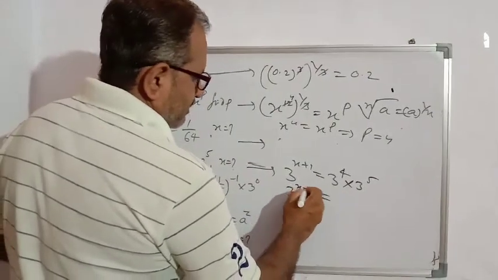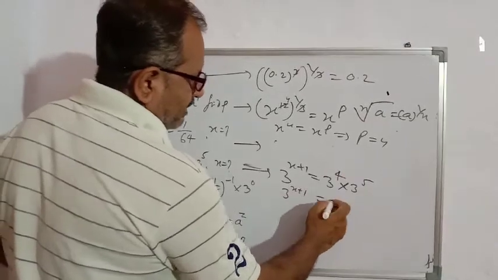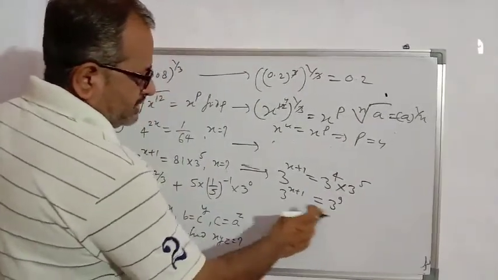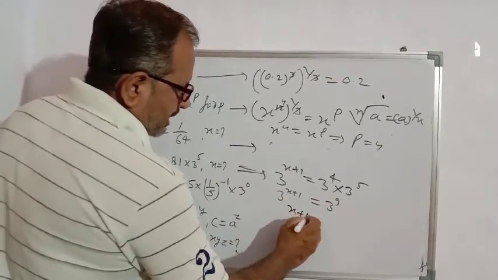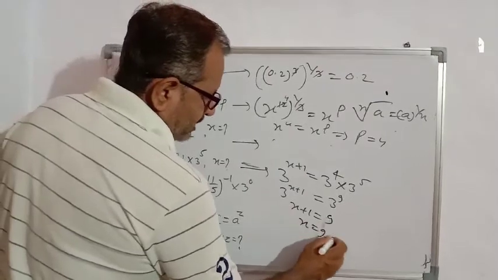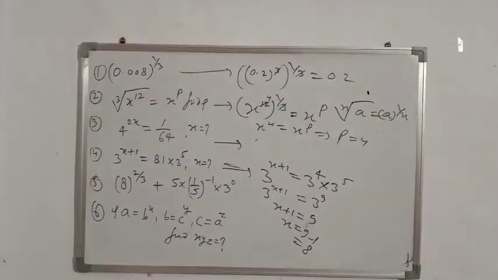Both have the same base, and when multiplying we add the powers: 4 plus 5 is 9. Again both sides have the same base, so equate the power. X plus 1 is equal to 9, x will be 9 minus 1, which is 8. So the value of x will be 8.